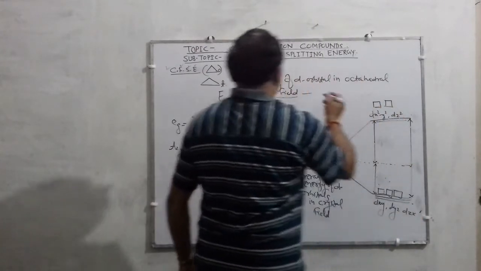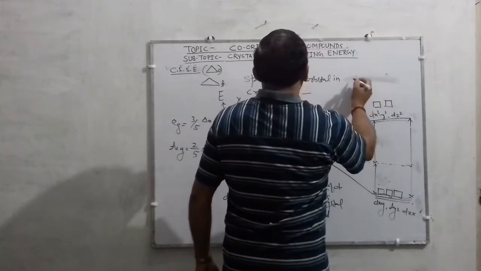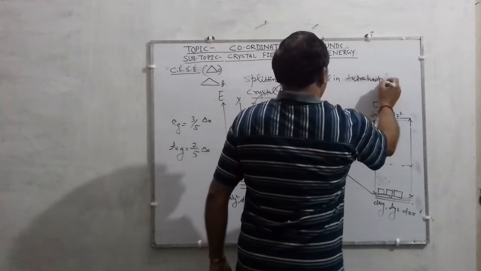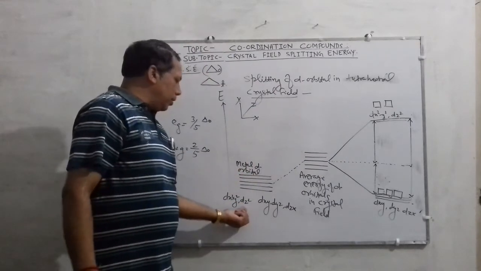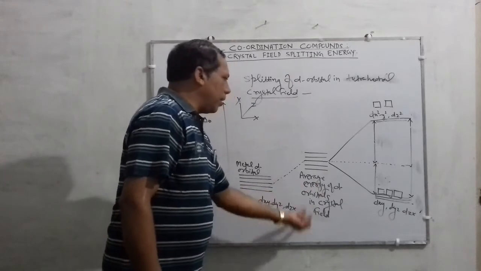If the splitting takes place in a tetrahedral complex or tetrahedral crystal field, all the d orbitals will be identical at first and form the average energy.